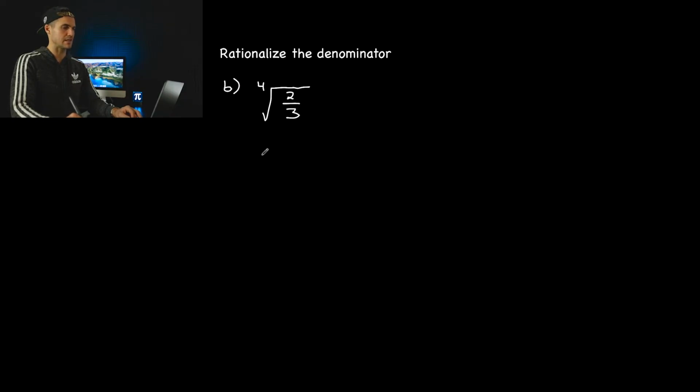Moving on to part B, we have the fourth root of 2 over 3. Just like the last one, I am going to distribute that fourth root to the 2 and then the fourth root to the 3. Now if we're going to rationalize this denominator, we're going to have to multiply the fourth root of 3 by itself four times, because it's the fourth root.